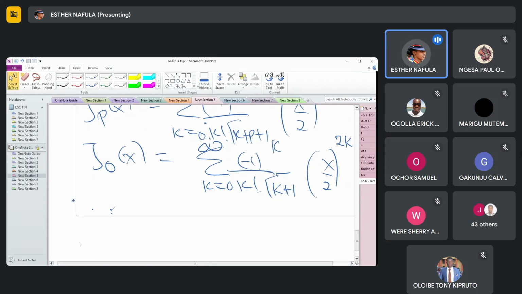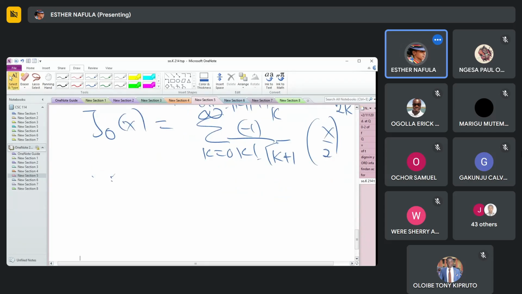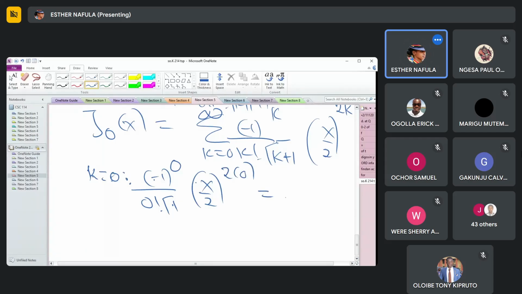Let's expand this series summation. When k is 0, you have (-1)^0 divided by 0 factorial, gamma of 0 plus 1 is 1, times (x/2) raised to 2k, k is 0. What do you get?